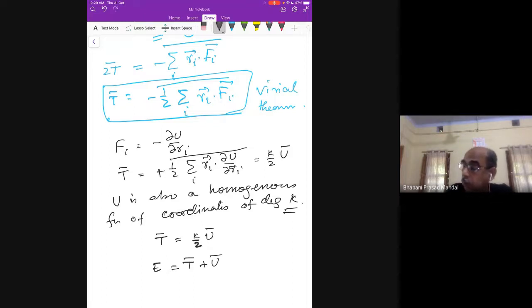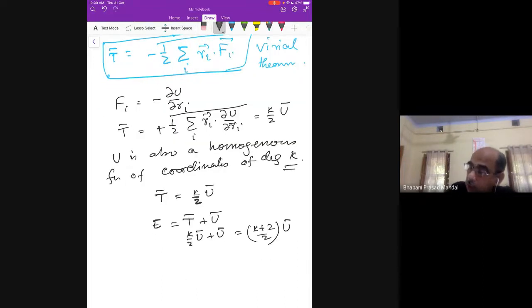Okay, so now if I substitute t bar as k by 2 times u bar, plus u bar as the total energy, this will be k plus 2 by 2 times u bar equal to E, the total energy.